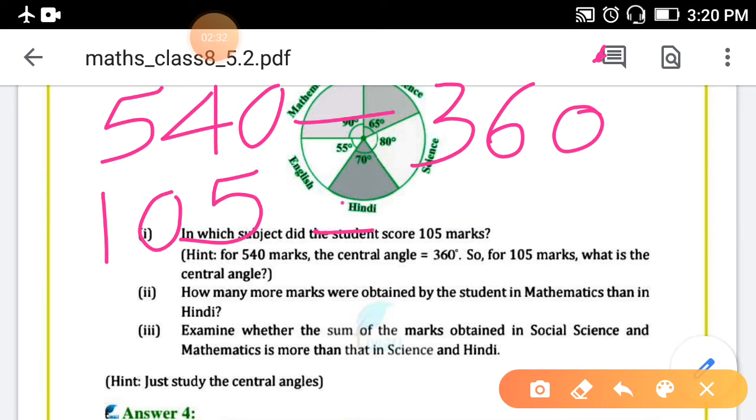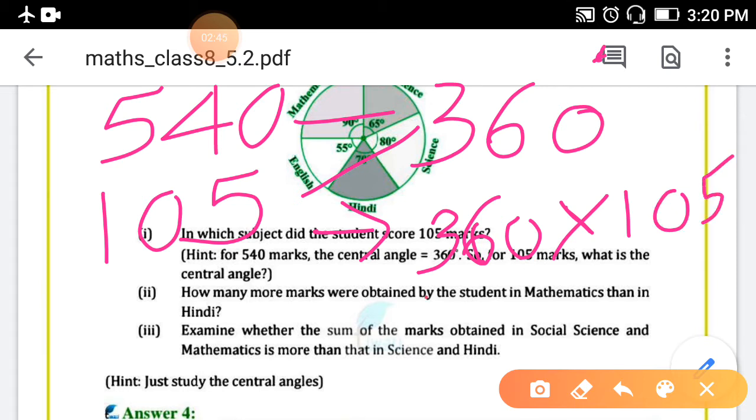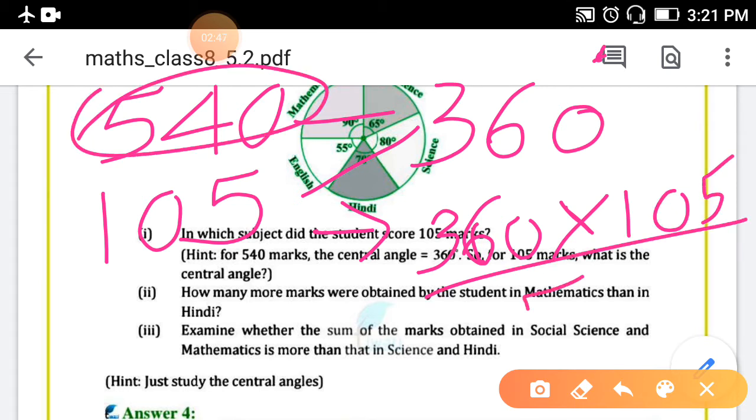Now here you can do cross multiplication. 360, I'm sorry, I made a mistake in speaking. Then 105 divided by this 540. Now let's solve it. This is homework.